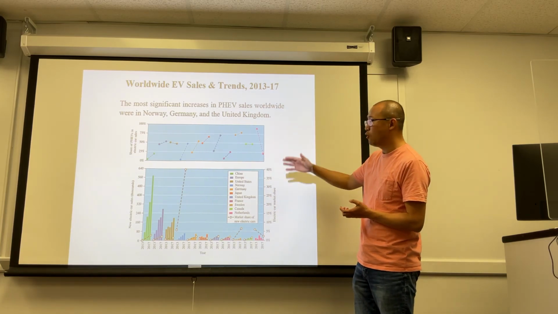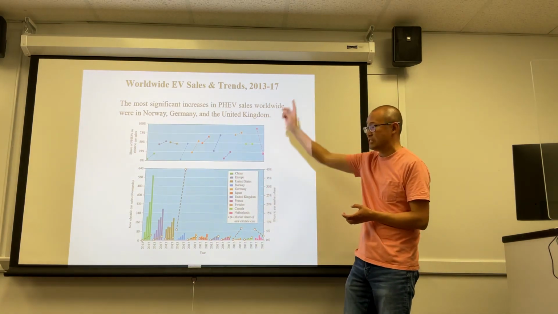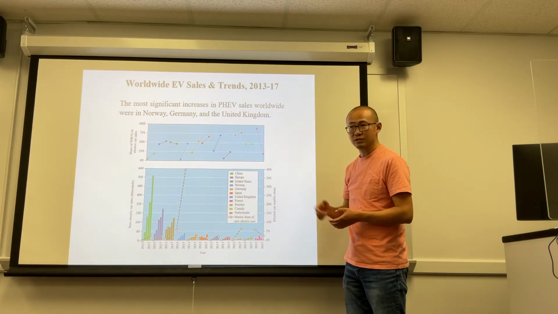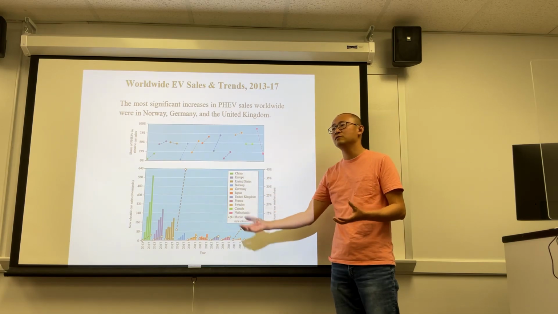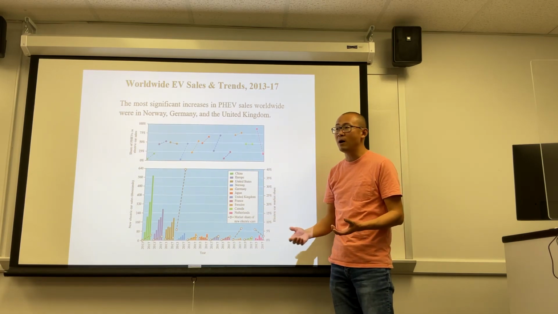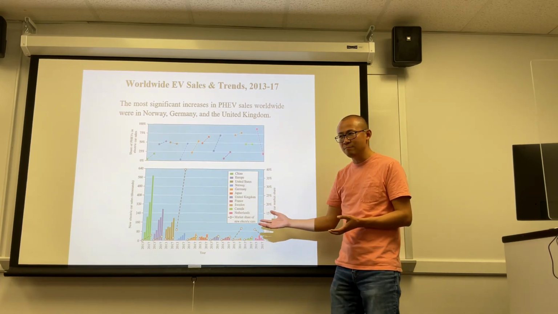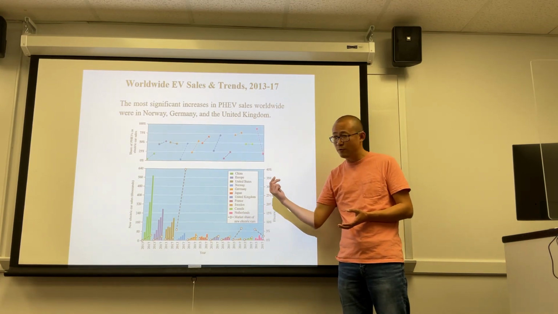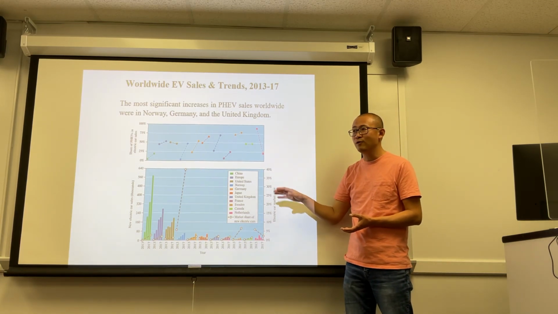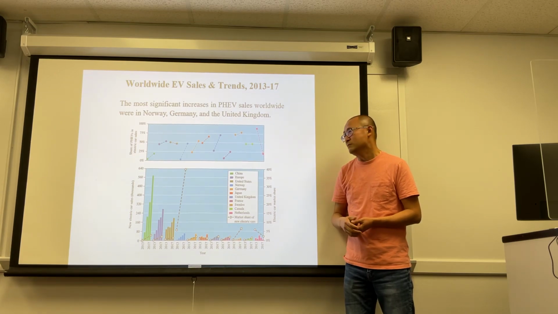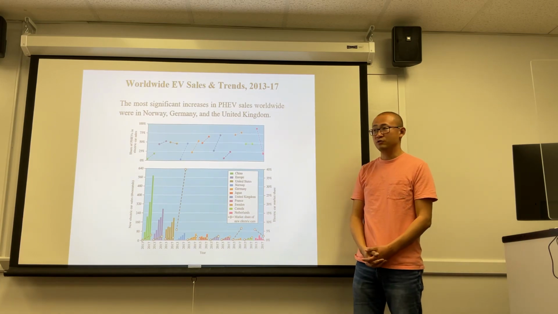The greatest sales, of course, happened in China and Europe, but the increase happens in these three countries. It's based on the economy and also local policies. I heard that in China by 2040, maybe they will postpone that, there will be no gasoline-powered vehicles on the road. That's policy, and if it is policy, then it's enforced.